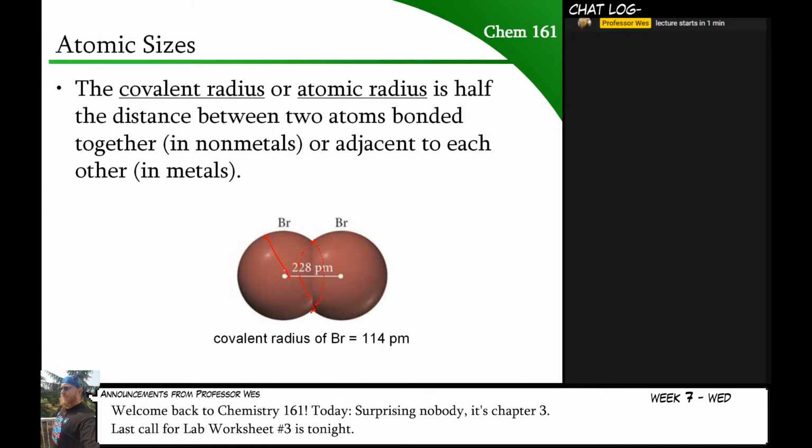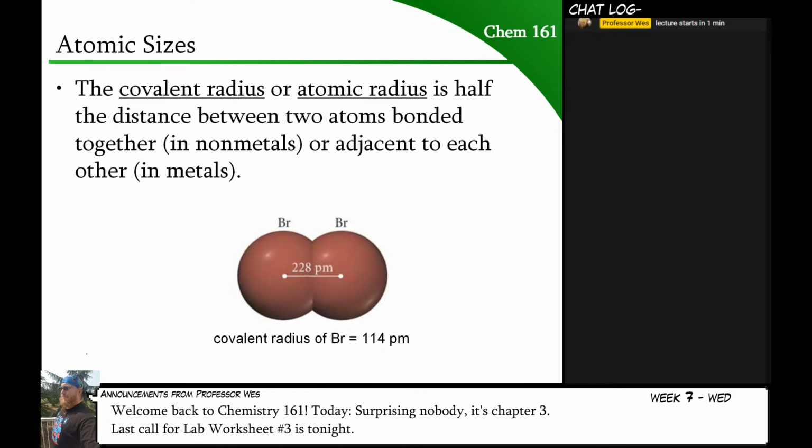The reason that overlap exists is because that's where the bonding electrons occur. We're going to talk about that more in chapter 4. But we need to define it in some manner, so this is the manner we have chosen. Whatever the bond length is divided by 2, we're going to call the radius of our atom. If the atoms don't covalently bond, then it's just whatever its radius is, because we can measure that directly.